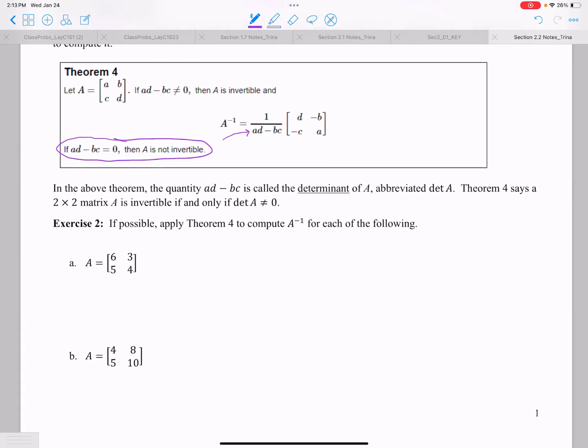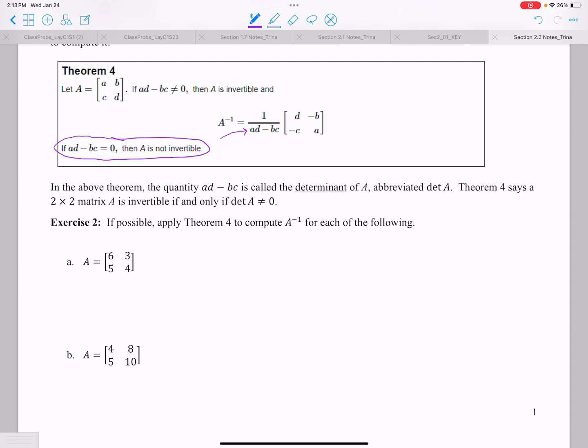So we're going to use Theorem 4, which tells us how to find the inverse, to find the inverse of two matrices. Just to write out what our A, B, C, and D are: A is 6, B is 3, C is 5, D is 4, based on what's in Theorem 4.